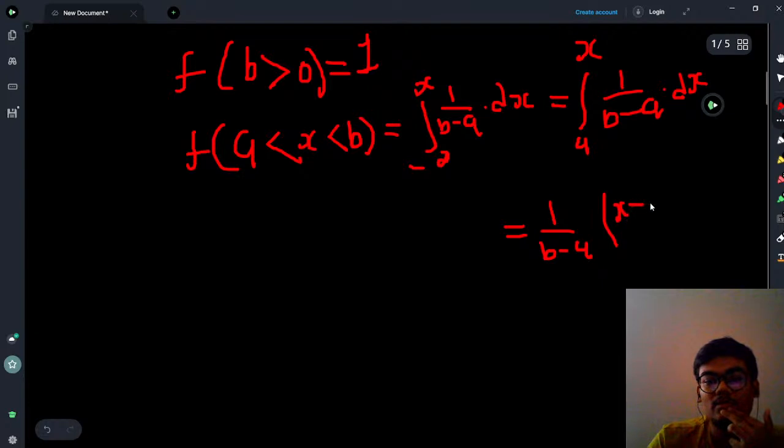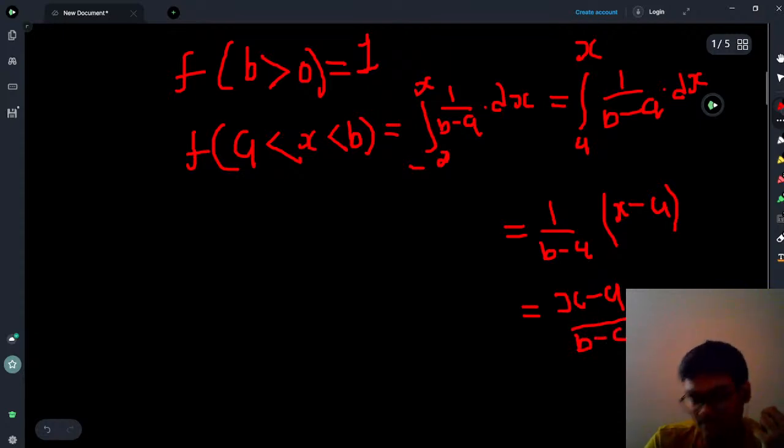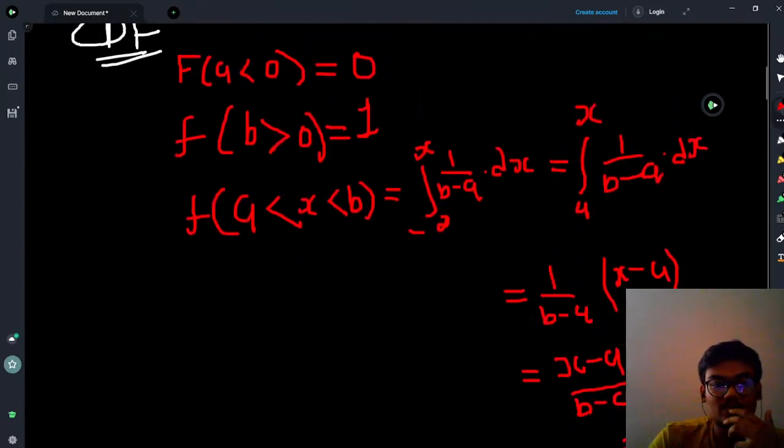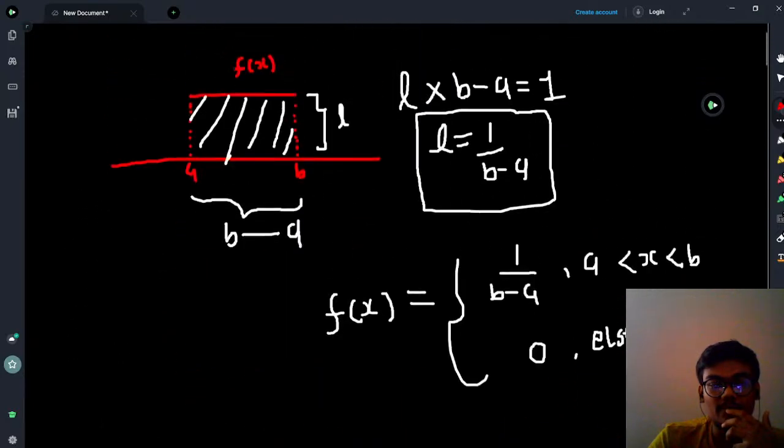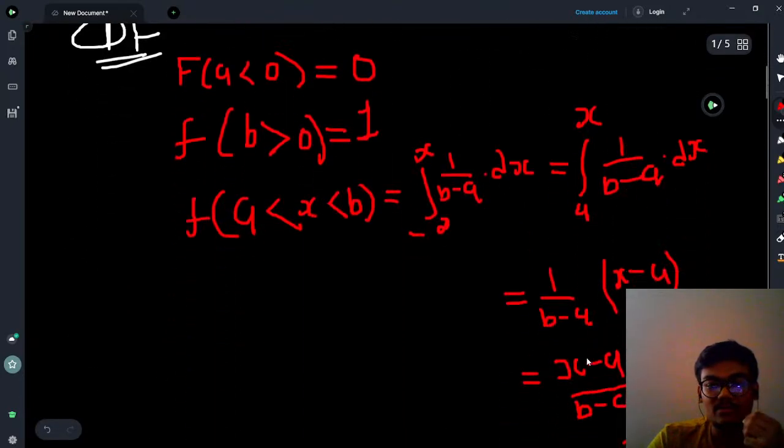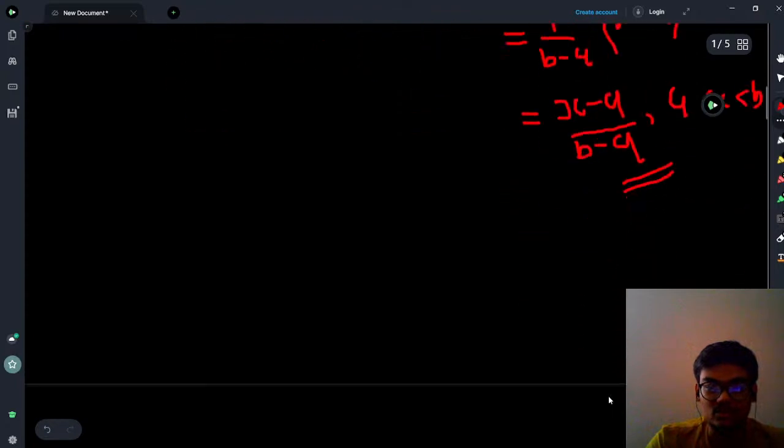Upper limit minus lower limit gives x minus a. So our CDF is x minus a upon b minus a, for the range a less than x less than b. Got it? If we put x equal to b, then b minus a upon b minus a gives the answer 1.